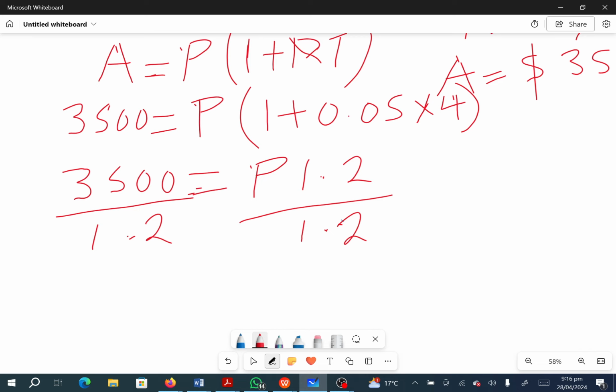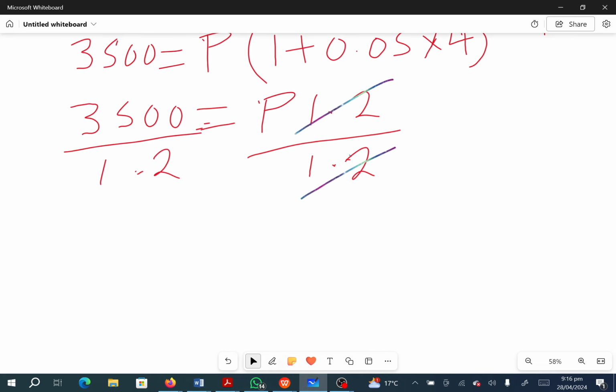So we can now cancel. This will cancel, this will cancel. We therefore say P is equal to 3,500 divided by 1.2.